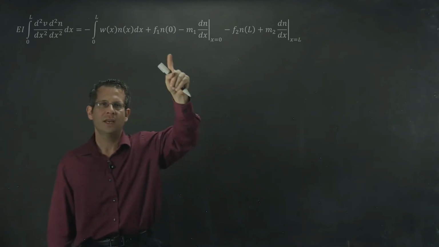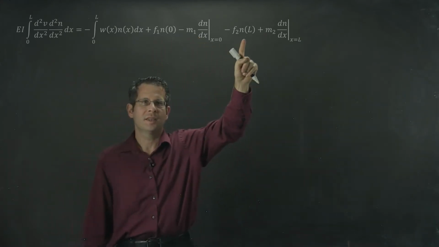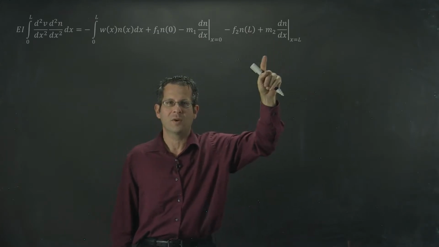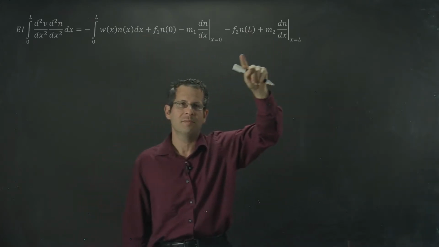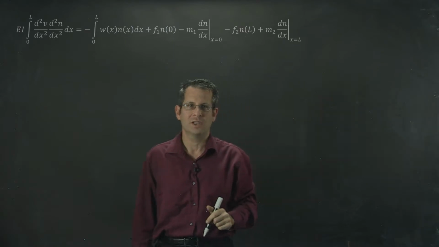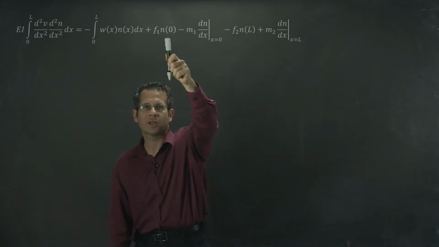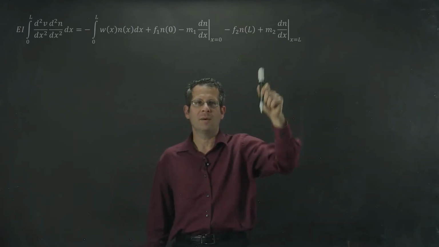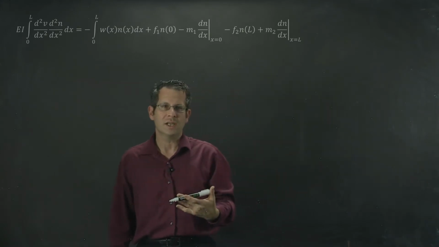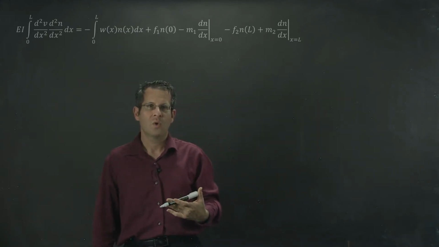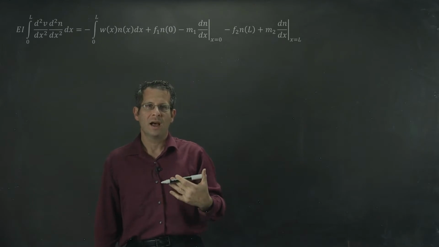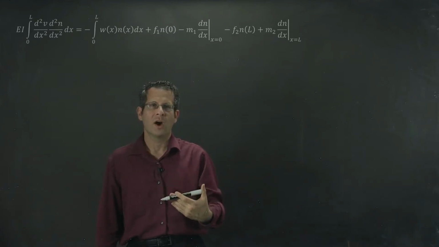Besides being typed, the only difference is that I've moved these four terms that were on the left side of my equation to the right side of my equation. Remember, these four terms came from when we used integration by parts twice, and then evaluated what was going on at the boundaries.